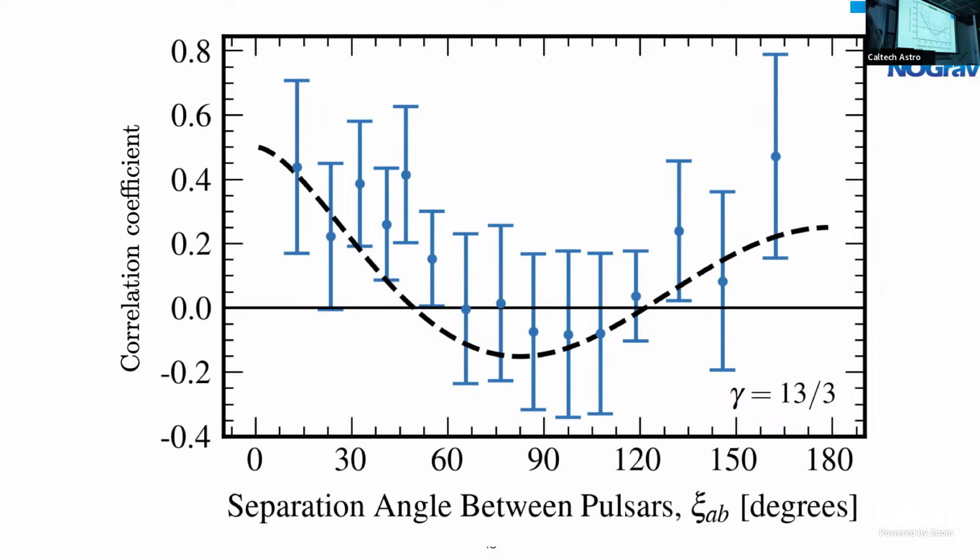Congratulations. How does your sensitivity scale in time? With a 20-year baseline, how will the error bars change? Yeah, so it's nice to get more time because if your signal is growing with frequency as you go to lower frequencies, you're going to get more sensitive.